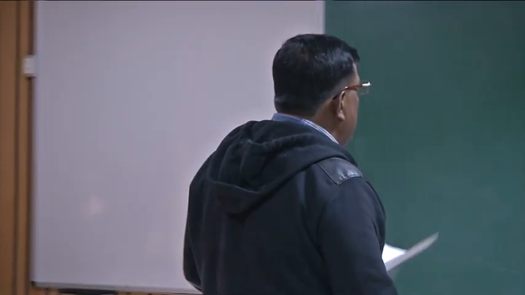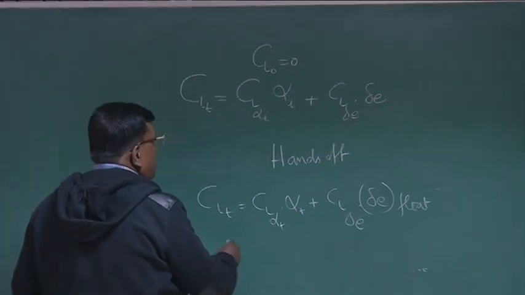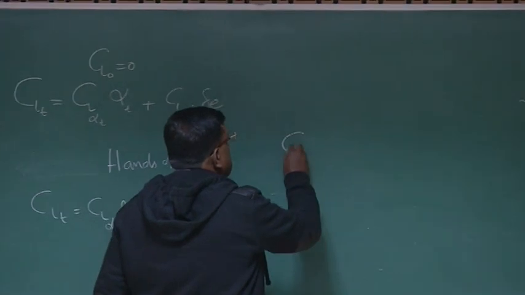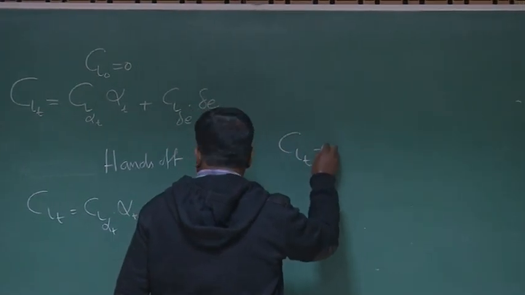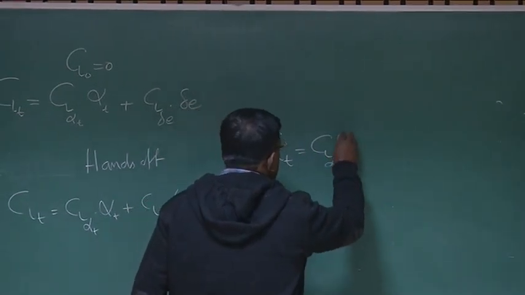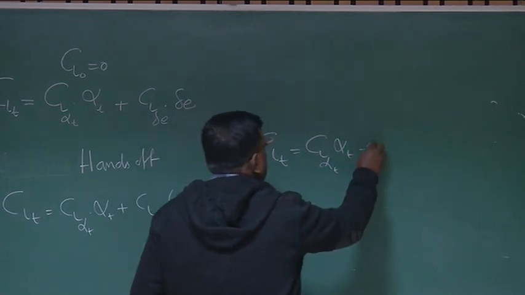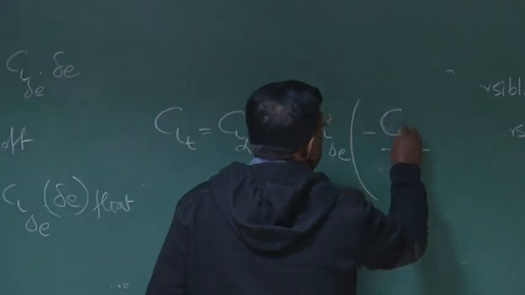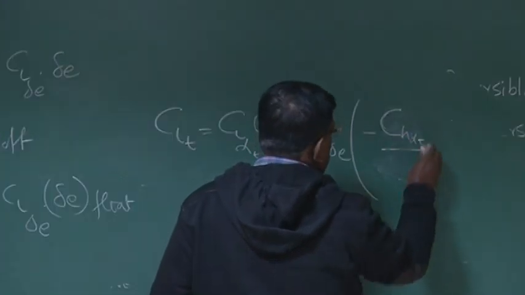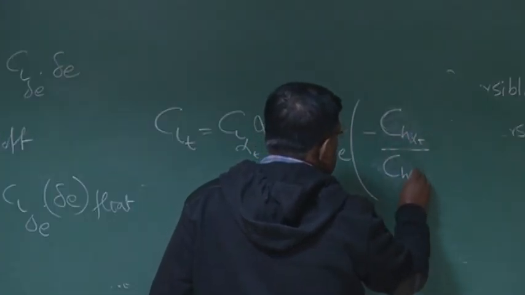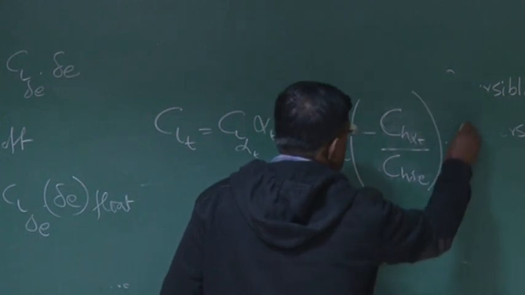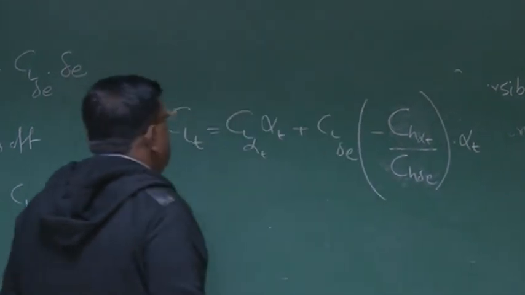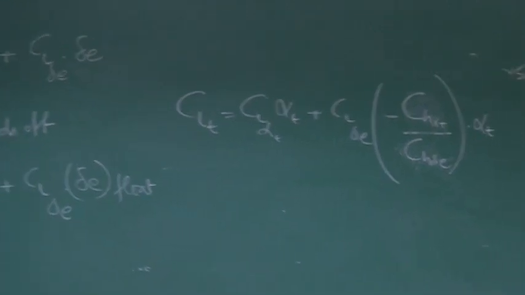Now, how much delta E will float? That I know. CL tail equal to CL alpha T into alpha T plus CL delta E. And for delta E float, I write CH alpha T by CH delta E into alpha T. Let me repeat again.